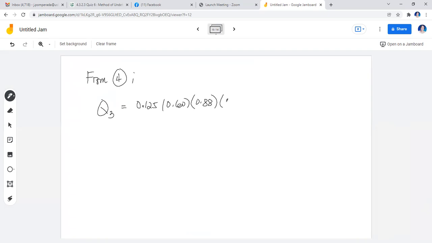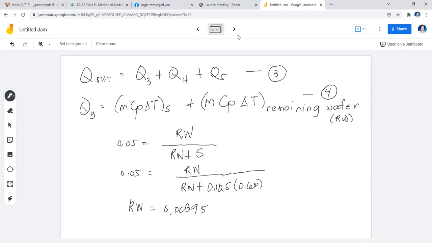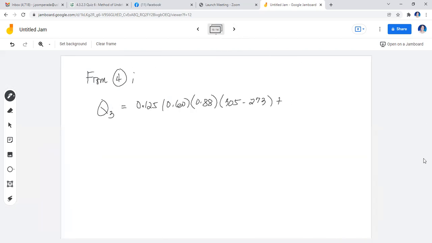So 305 minus 273, because this is our datum temperature, plus, so we determined already the remaining water here, 0.00395 times 4.18 times 305 minus 273.